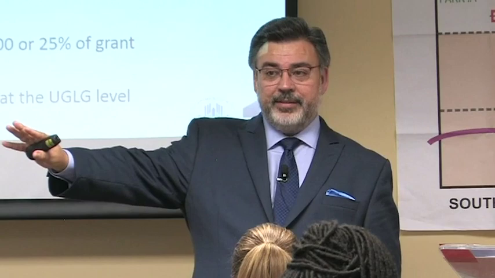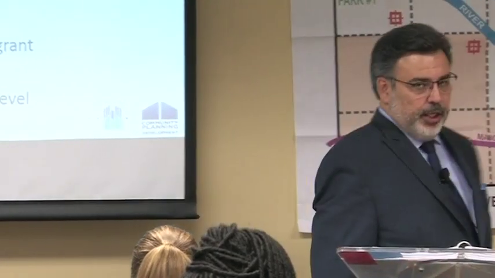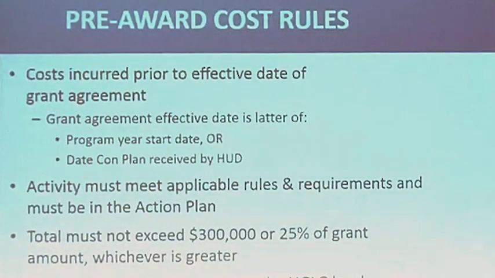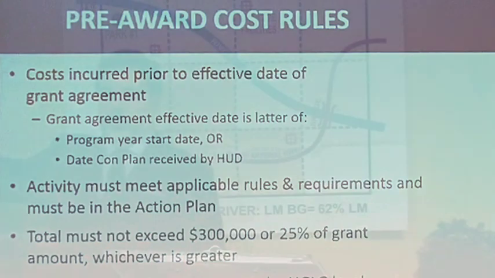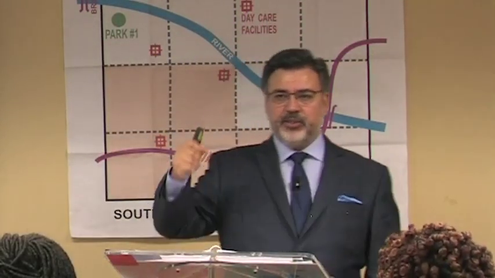You don't have to wait. Okay? As long as you include it as part of your action plan, I would disclose in my action plan, letting my residents know that as soon as I submit my action plan to HUD, and I am notifying my HUD rep, Mr. Smith, I am going to be using the pre-award cost rule to actually start working on this street improvement project because it's ready to go.